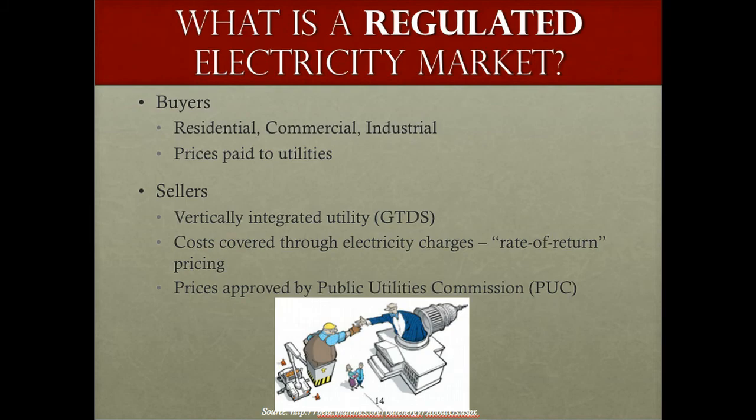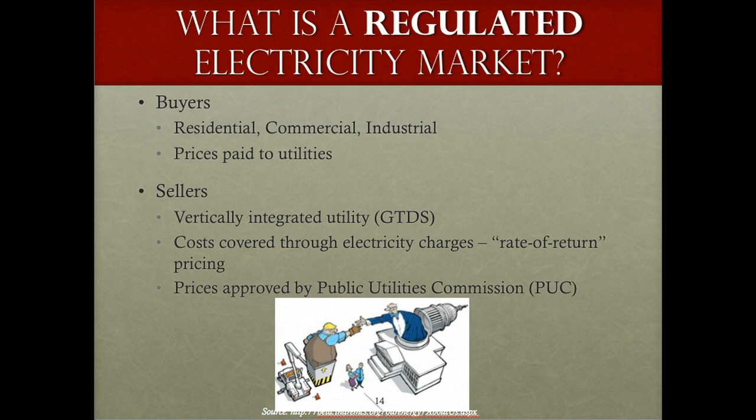The states that still have regulated electricity markets, the white ones on the map, include buyers from the residential, commercial, and industrial sectors who pay a set price of electricity to a utility. The utility is vertically integrated, meaning that generation (G), transmission (T), distribution (D), and sales (S) are all controlled by the utility.